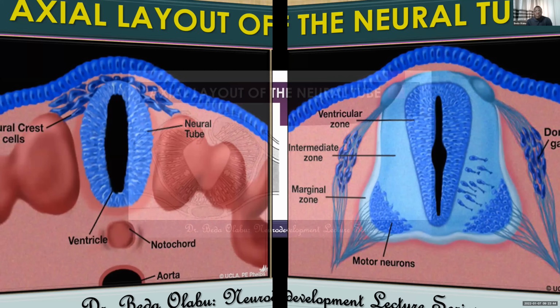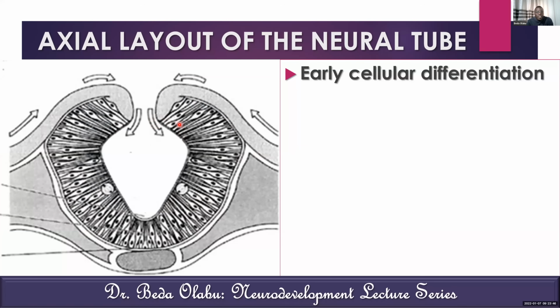Look at this. So this is a neurotube. Maybe it's almost completing the fold, but that's the wall of the neurotube. There's very early cellular differentiation in the wall of the neurotube. These cells differentiate into two lineages largely.